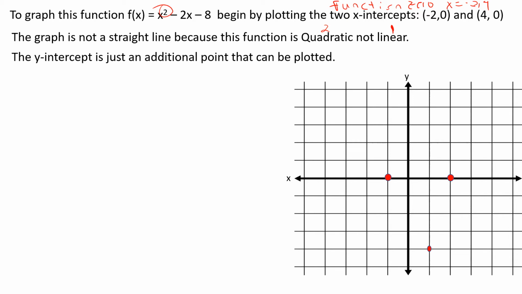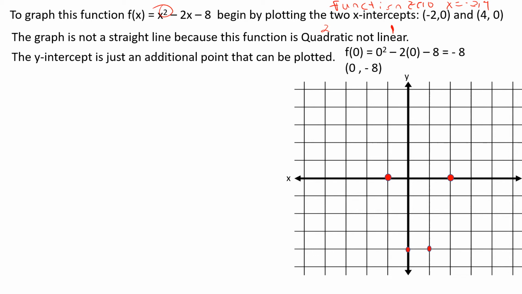The y-intercept is just an additional point that can be plotted. So if I wanted to say when x is 0, then what is y? I'm just going to plug 0 in for x in my original equation, and I get -8. So that's what you can then graph, which I've graphed here down below.